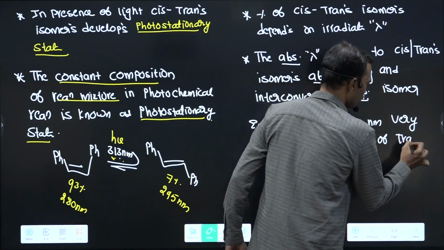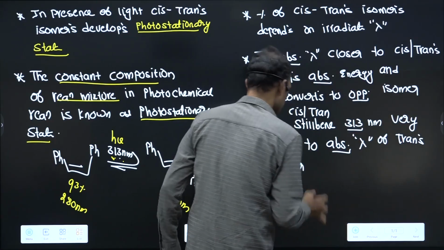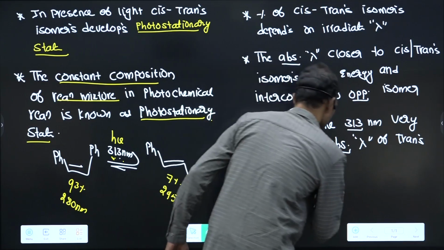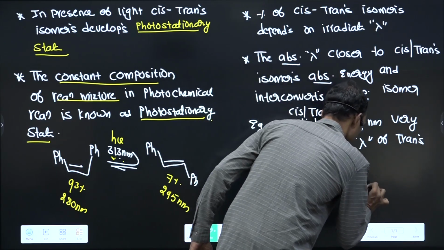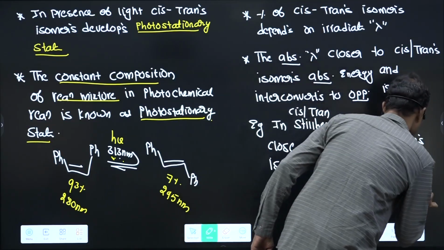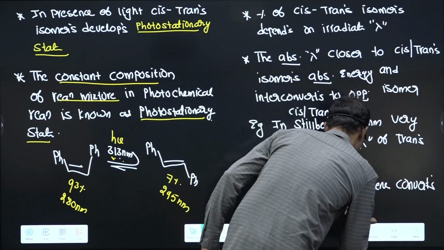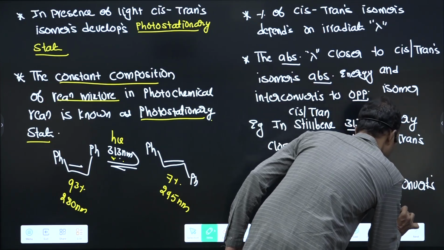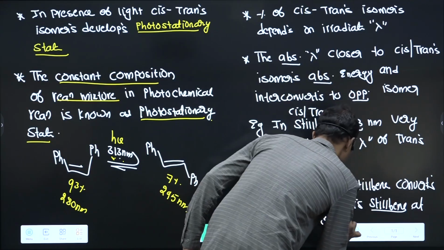The absorption lambda of the trans isomer. Therefore trans stilbene converts into which stilbene? Cis stilbene at 313 nanometers. So this point is important.